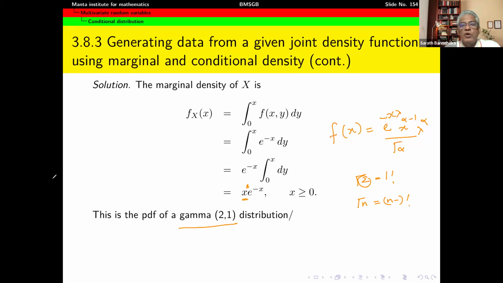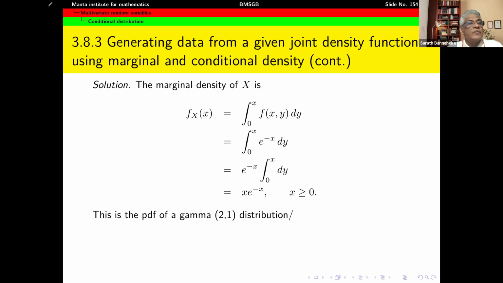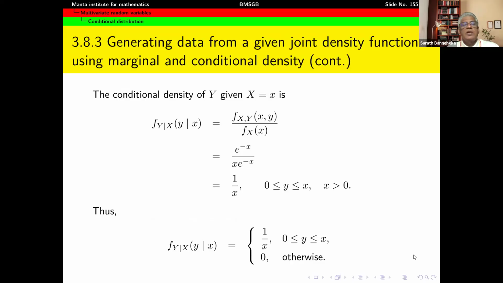So now we want the conditional distribution of y given x. The conditional distribution of y given x by definition is equal to the joint density function divided by the marginal density function. We know the joint density function already, and we have just found the marginal density function.